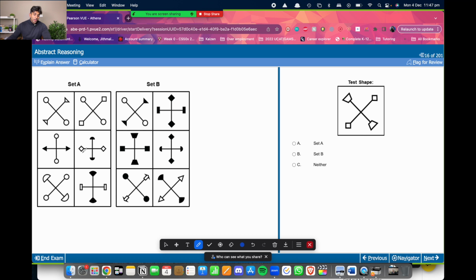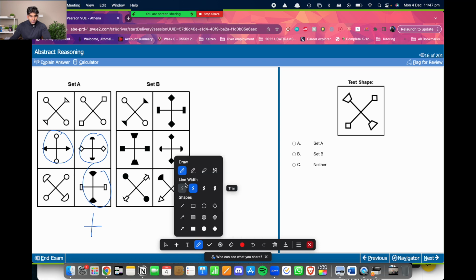If I look at the lines here, I can see that anytime there's black, it's facing in a vertical versus horizontal way rather than a diagonal way. Okay, so if it's a different color, then it's going to be in this plus shape. If it's the same color, it's going to be in this X shape in set A.